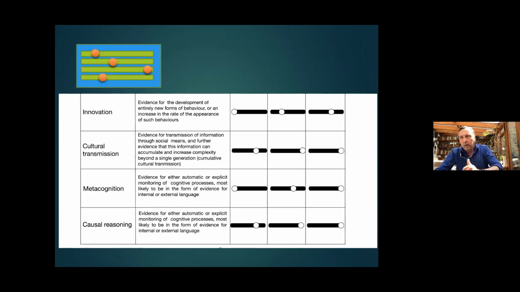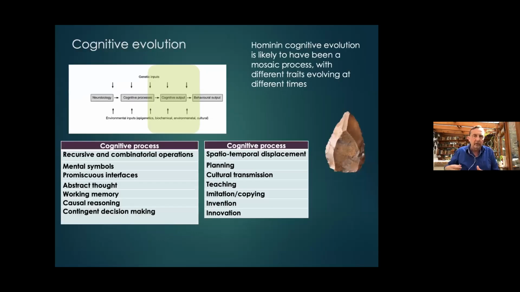So in the end, what we're after is a kind of profile of the cognitive states of different hominin taxa in such a way that we can recognize a much more continuous process and a much more mosaic pattern of evolution, and be able to answer questions as to whether early hominin cognition is driven, for example, more by imitation and copying than by innovation or invention. And so we can build this together in a much more sophisticated manner.